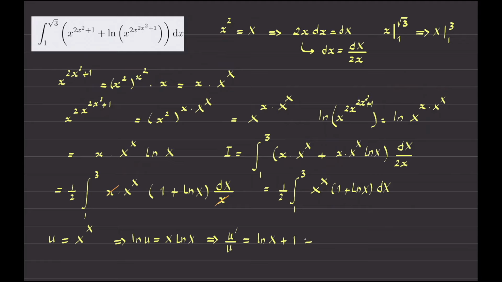And then if I ask you what u prime is, it is this expression multiplied by u, but u is this expression itself. So u prime becomes x to the power x times 1 plus ln of x. So this means that if I take this expression to be u, this expression is nothing except du.